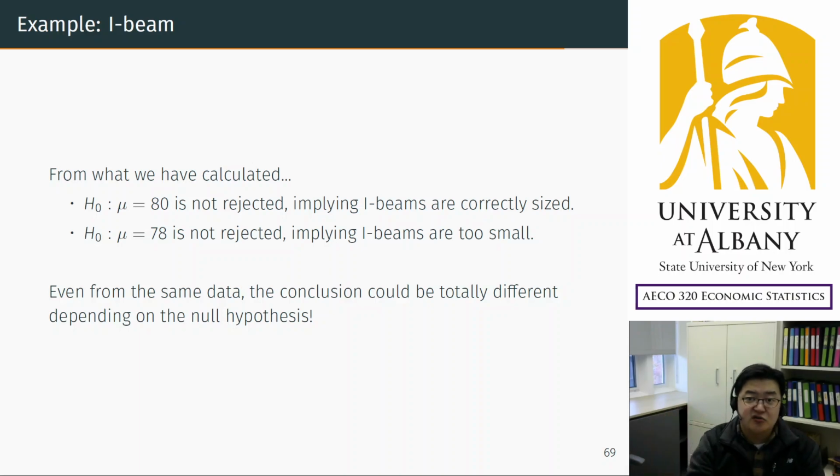So if you change the null hypothesis, then your conclusion, the implication of the result, could be totally different. So you have to be careful when you choose the null hypothesis. Usually, in many cases, the null hypothesis is automatically implied, so you have to understand how to interpret the results. Okay.